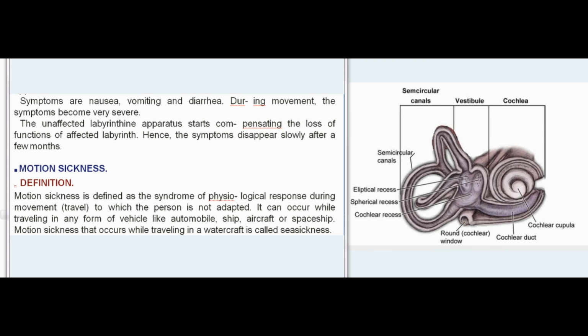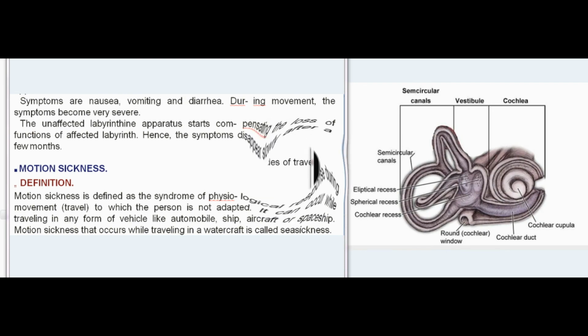Motion sickness. Definition: motion sickness is defined as the syndrome of physiological response during movement or travel to which the person is not adapted. It can occur while traveling in any form of vehicle like automobile, ship, aircraft, or spaceship. Motion sickness that occurs while traveling in a watercraft is called seasickness.